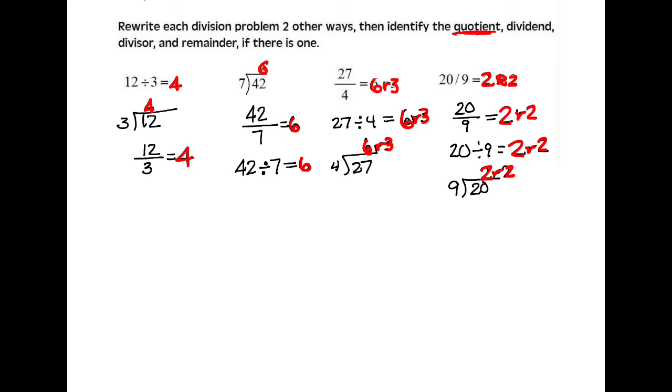Okay, now let's change color here, the dividend. The dividend is the number that you start with before you start breaking it into groups. So that's the 12.